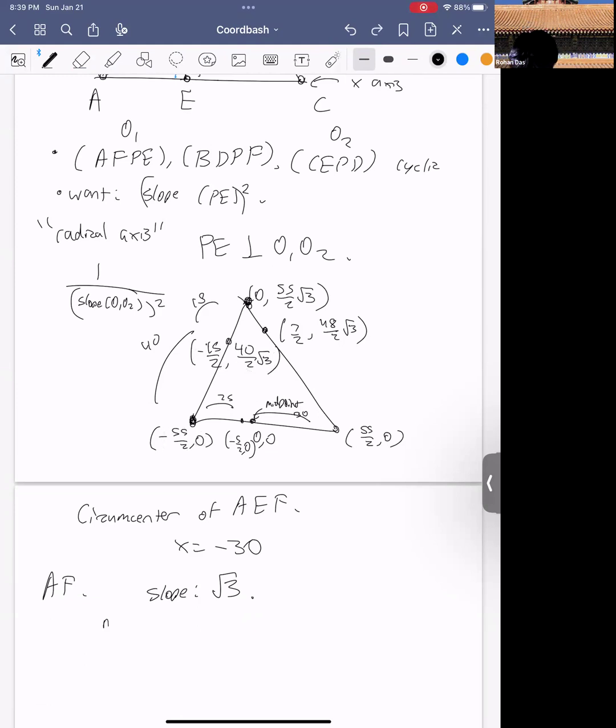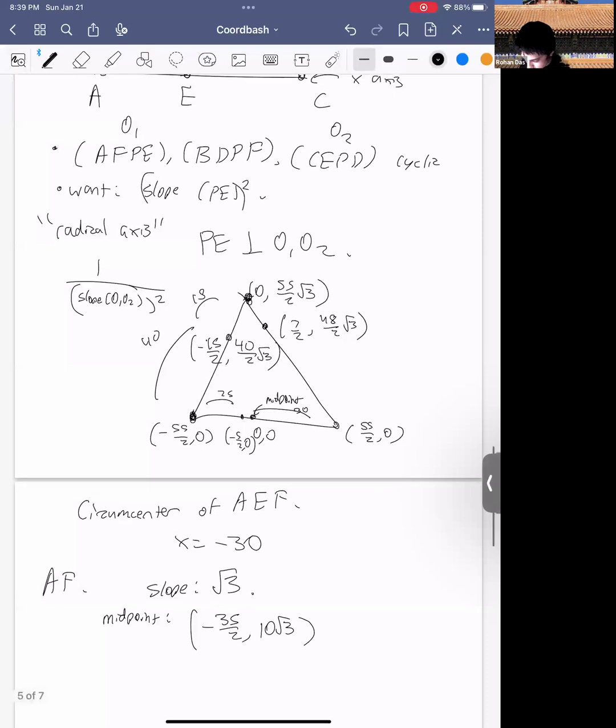And the midpoint is negative 15 minus 55 over 2, which should be negative 35 over 2, and then 40 over 2 plus 0 over 2 times root 3, which is 10 root 3.